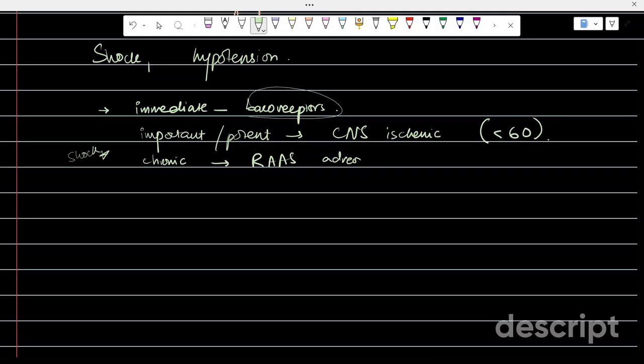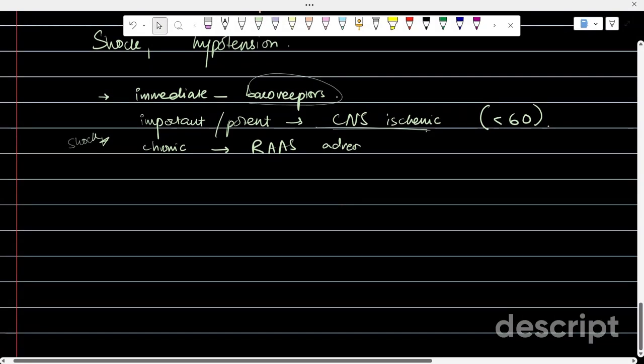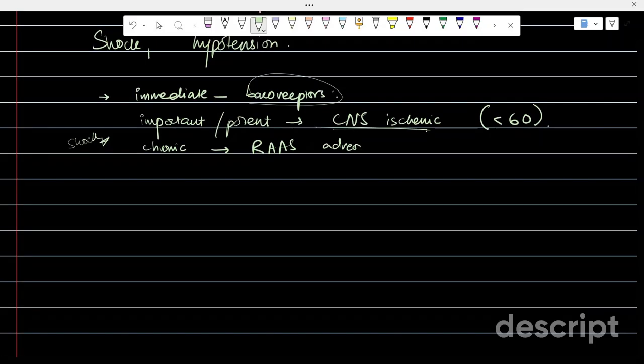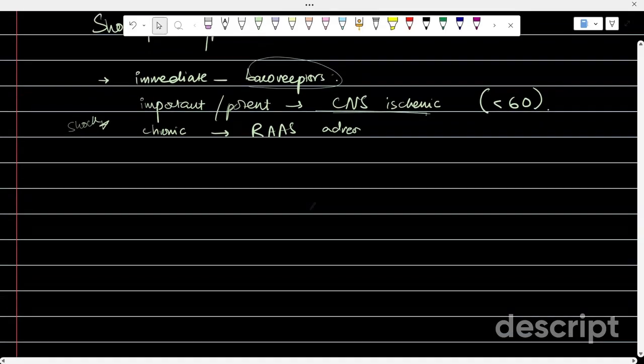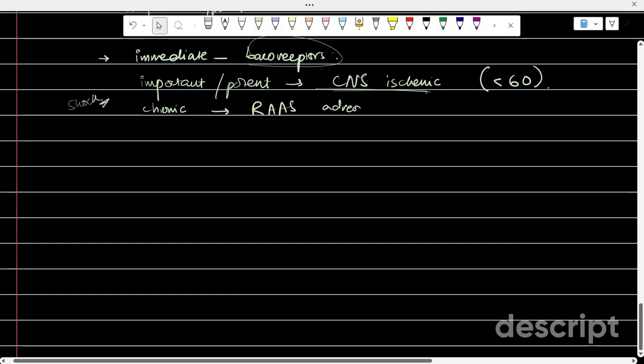Immediately baroreceptors come in, and the most potent one is the CNS ischemic response. If there is an acute blood loss, the baroreceptor reflex will be generated. If there is a severe hemorrhage, the most immediate one will be the baroreceptor, whereas the most potent one will be the CNS ischemic response. And when BP becomes very low, again the CNS ischemic response.